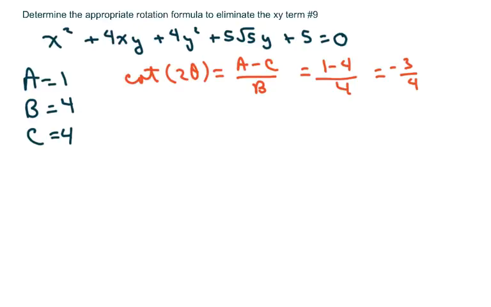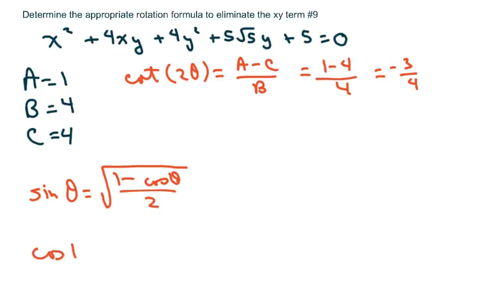I'm going to take the double angle part out, so we have sine of theta equals square root of 1 minus cosine of 2 theta over 2. And remember we're talking about acute angles for this. We talked about that in the previous videos, so we don't have to worry about the plus and minus in front of the radical sign. So what I need to know is what is cosine of 2 theta.